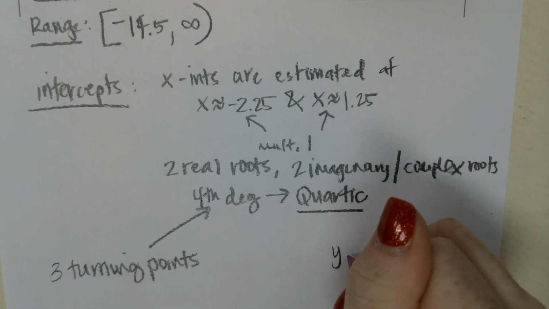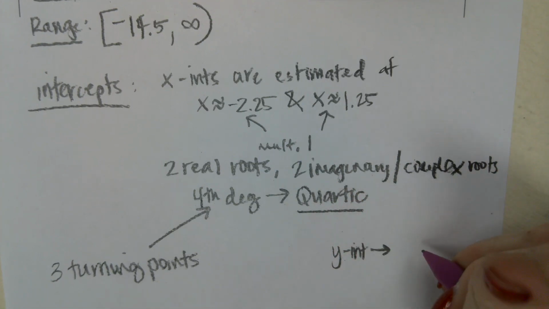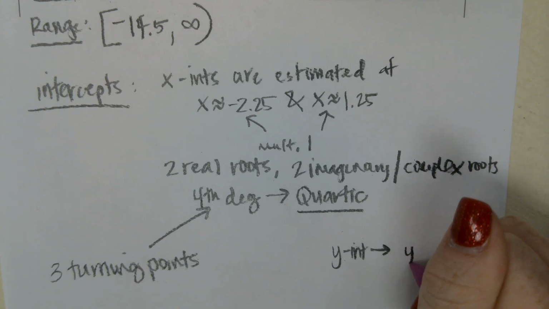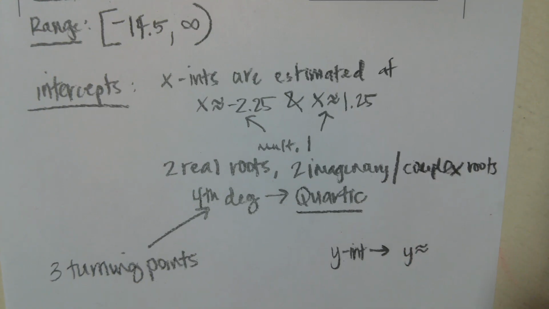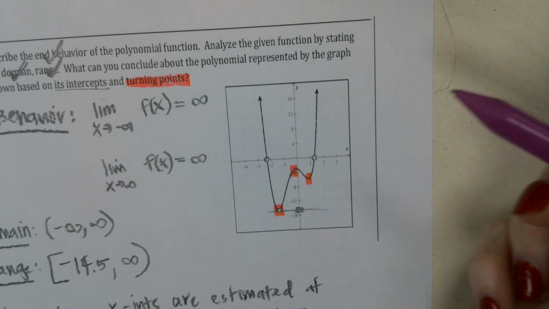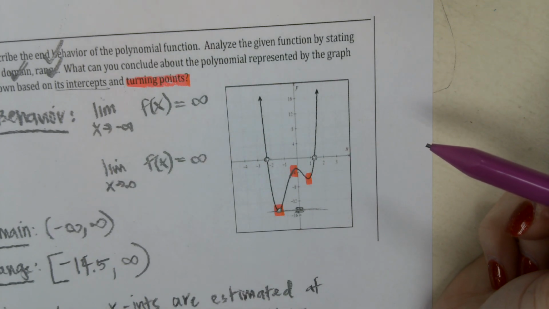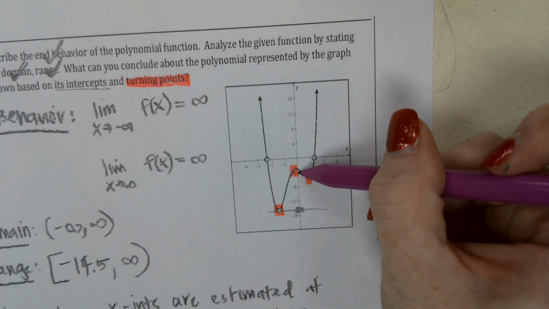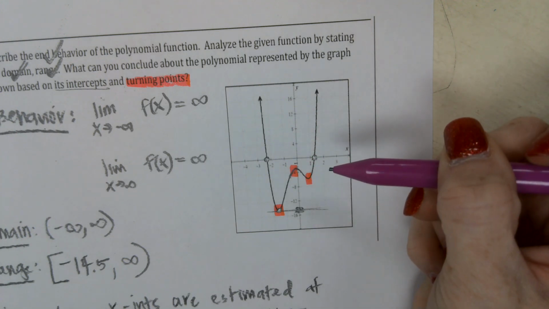What would I say about my y-intercept here? That's going to happen at y is approximately what? If I look at my graph, what are these counting by though? They're counting by 4s. So to me, this looks like it's 3/4 of the way down.